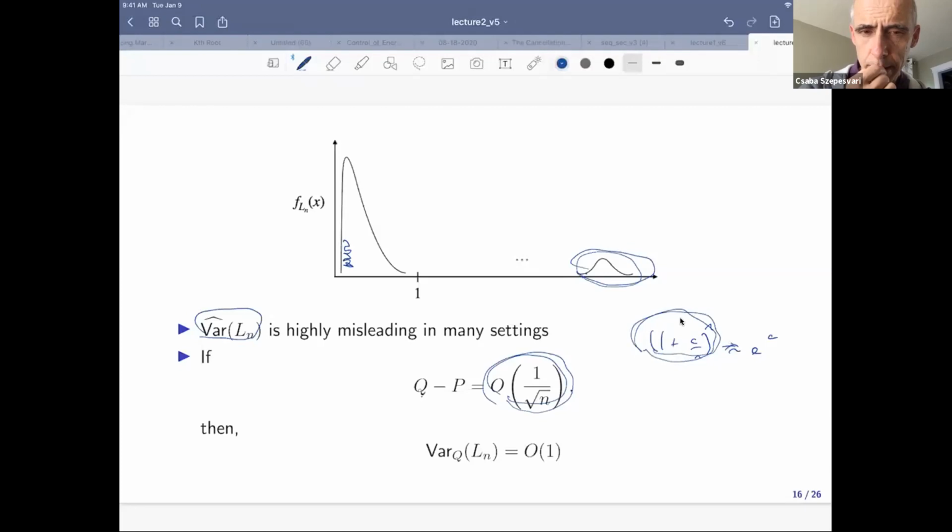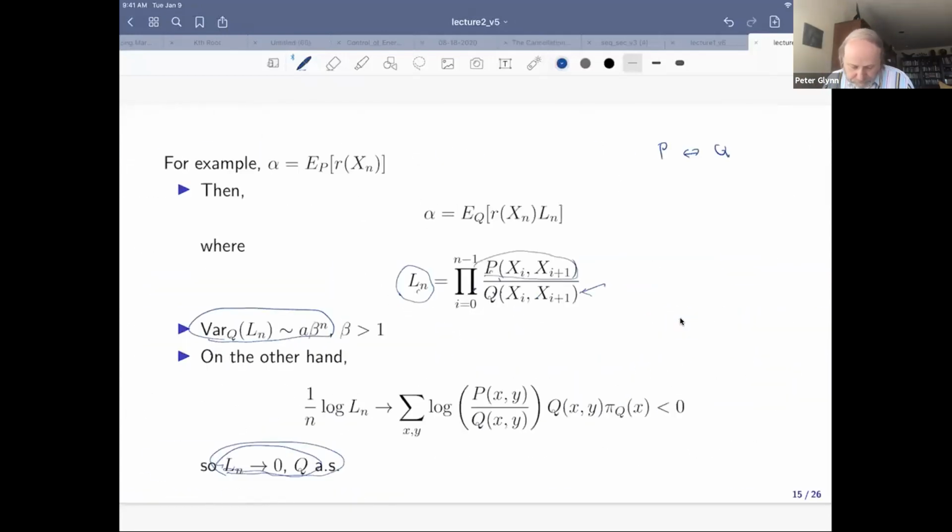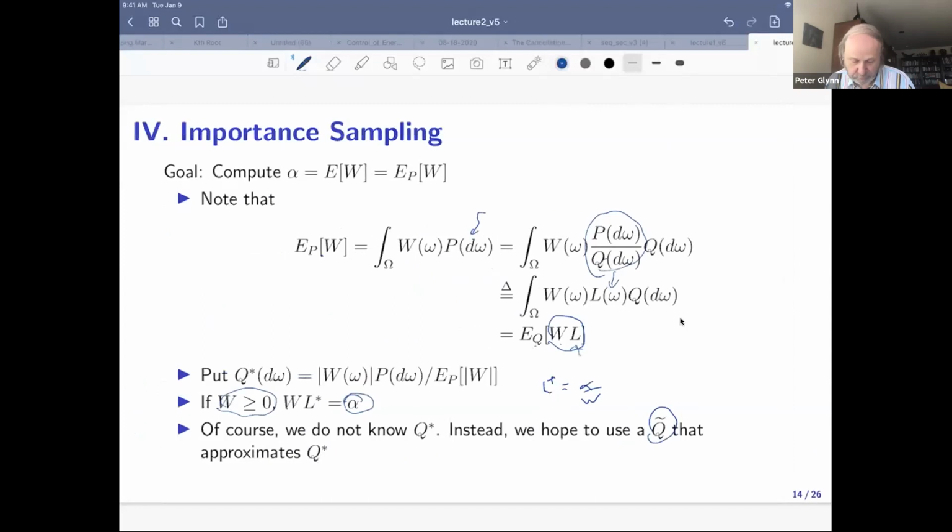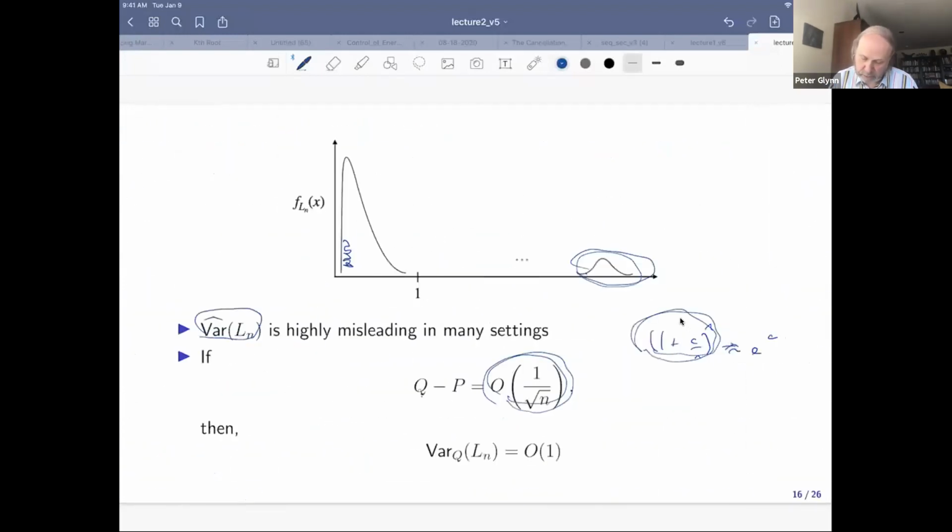But, for example, one diagnostic, one thing you can certainly do that can often help is this: likelihood ratios must have a property. If we look back at this identity, if I put W equal to 1 on the left-hand side and the right-hand side, then on the left-hand side, I get 1. On the right-hand side, I get the expected value of L under Q. So I know that the expected value of the likelihood ratio under the Q measure is 1.